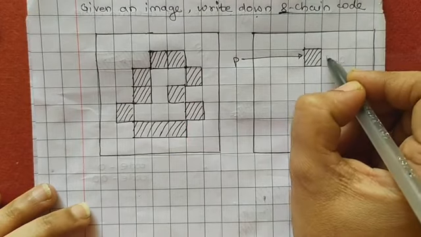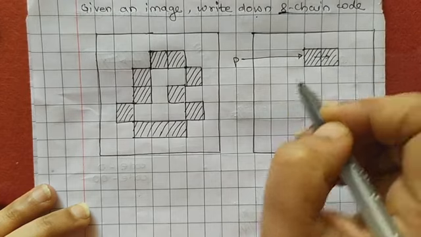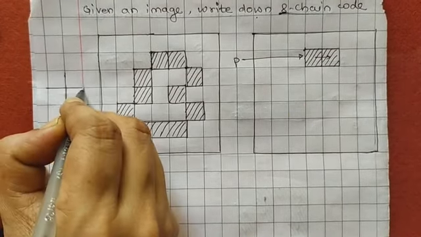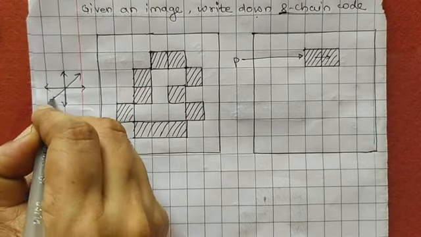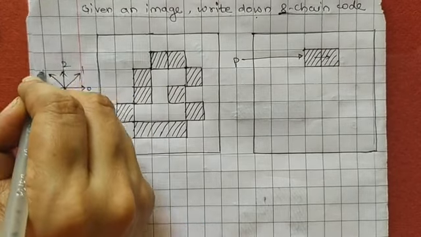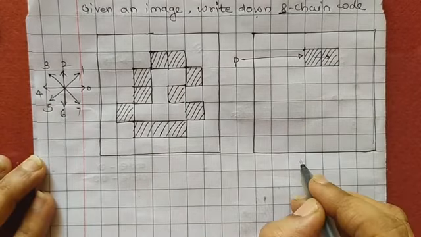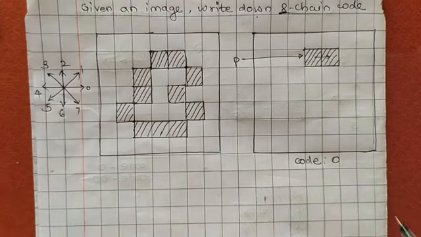So we'll move from this to this direction like this, and for that we have to consider the 8 chain codes. So 8 chain codes I'll represent here. Zero, 1, 2, 3, 4, 5, 6 and 7. So here the code assigned for this will be 0.